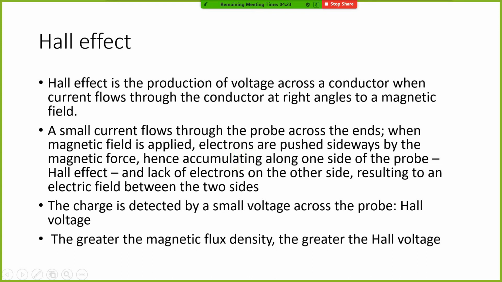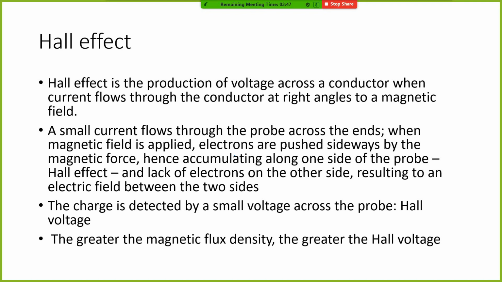But as it pertains to Hall's effect, this is something that we have to talk about. It says Hall's effect is the production of voltage across a conductor when current flows through the conductor at a right angle to the magnetic field. A small current goes through the probe, and when the magnetic field is applied, electrons are pushed sideways by the magnetic field, hence accumulate along one side of the probe.